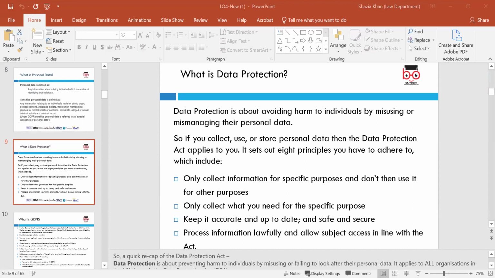So data protection is about avoiding any sort of harm to individuals by misusing or mismanaging their data. So it's really important that you protect any sort of data.